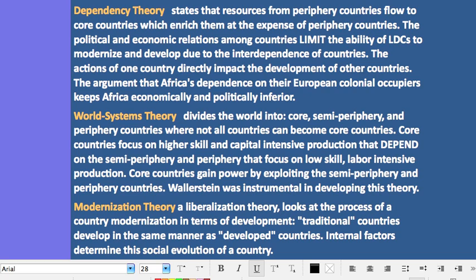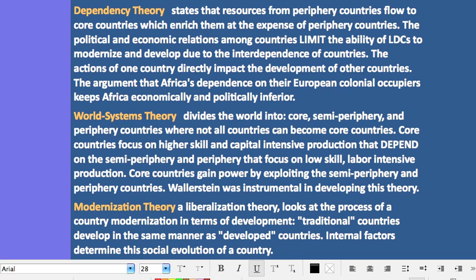The political and economic relationships among these countries limit the ability of the LDCs to modernize and develop, because they are dependent upon the core countries that they supply their goods to, often factory products like clothing or TVs, also services or natural resources.